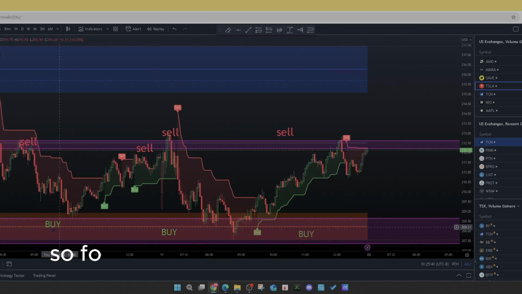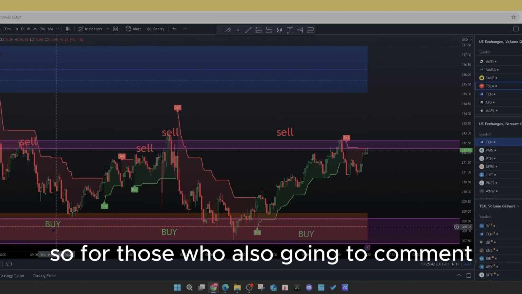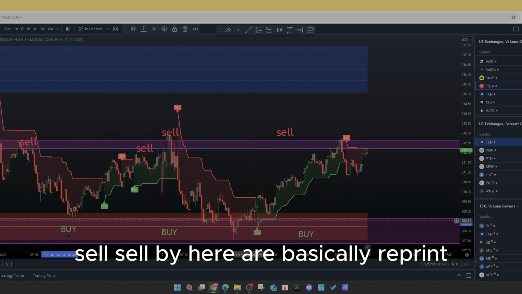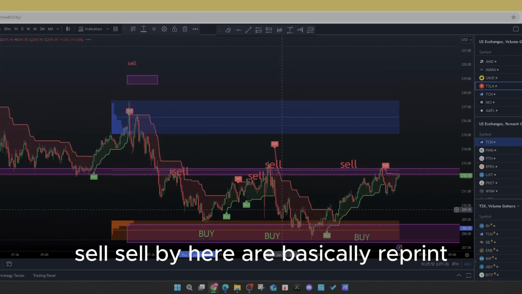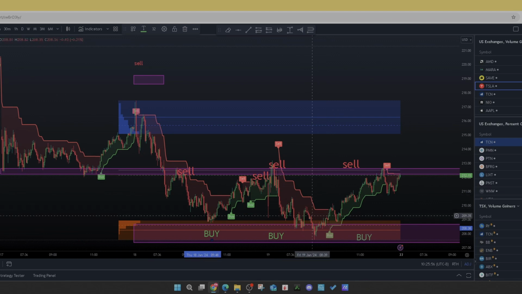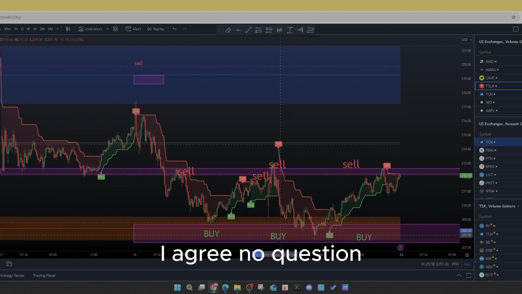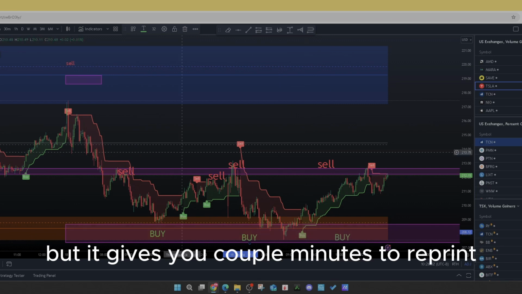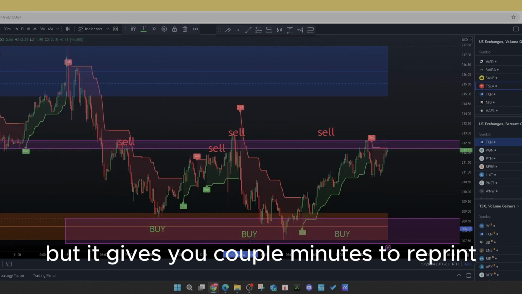So for those who are also going to comment, this buy here, sell, sell, buy here, are basically a reprint. I agree, no question, but it gives you a couple of minutes to reprint.